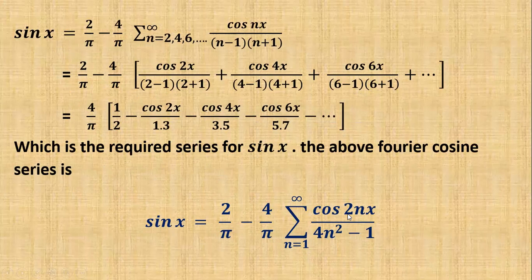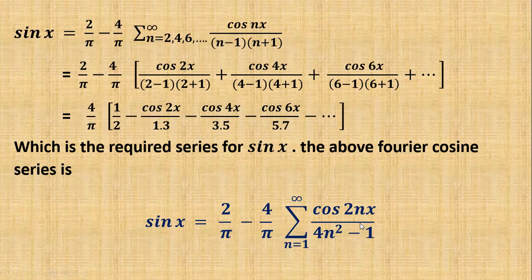Suppose we substitute n is equal to 1. Here n is equal to 1, we get cos 2x by 4 into 1 square, that is 4 minus 1, 4 minus 1 is 3. So here this is 3. And put n is equal to 2 in this term, 2 into 2 into x. That means cos 4x by 4 into 2 square minus 1, 4 into 4 is 16, minus 1, so 15.